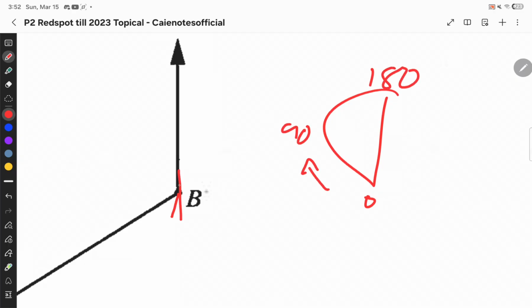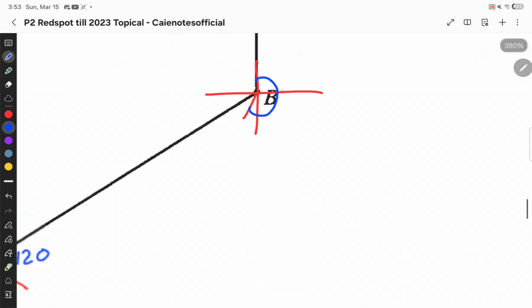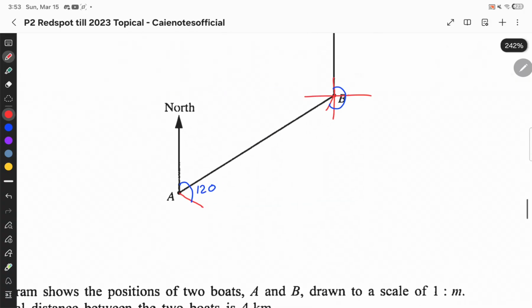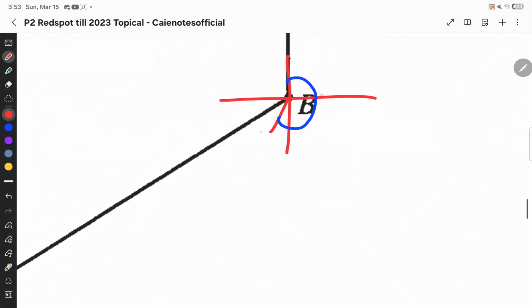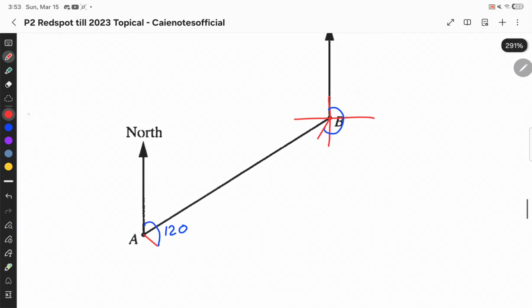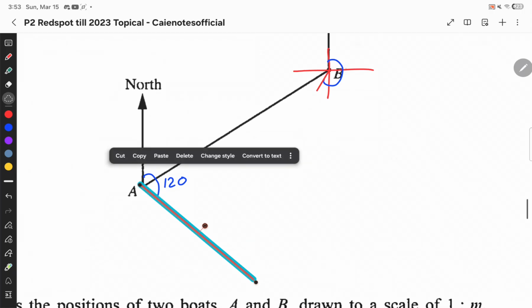We do 180 already, 180 plus the theta, and our theta is 15 degrees, and then we keep on going with our line. If we extend this, then we will end up at C.